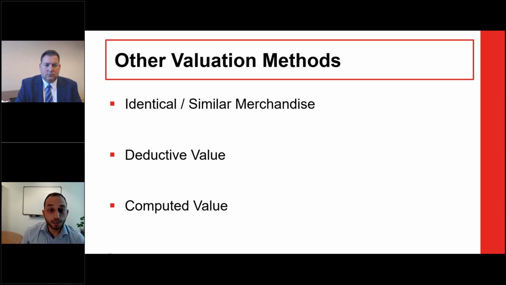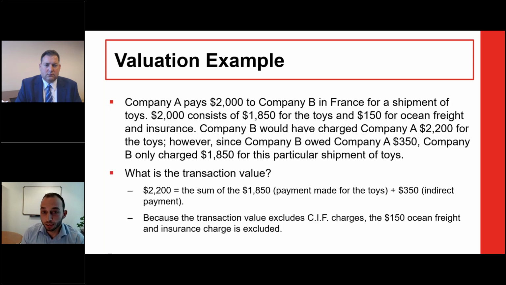So next slide, please. In the next slide, we have a very simple example to explain how this all works. Let's say that Company A pays $2,000 to another company in France for a shipment of toys, and that $2,000 consists of $1,850 for the toys and $150 for the ocean freight and insurance.